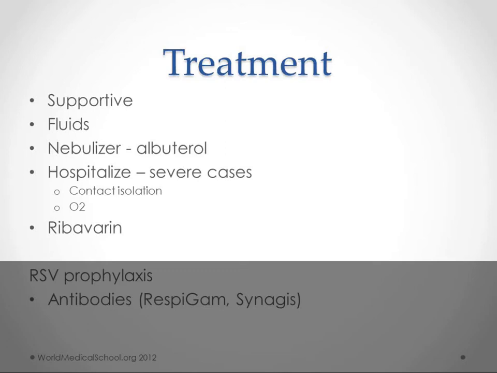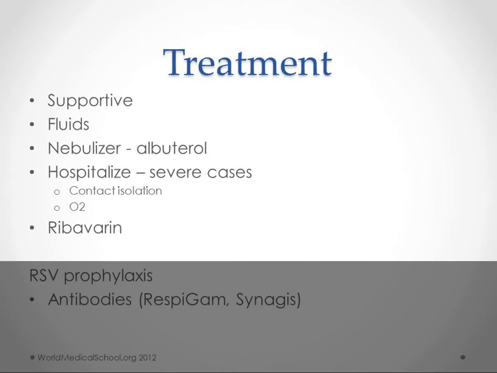Ribavirin is pretty widely contested as to whether or not it's an important thing to do. But we go back to the severity. If there is a severe condition and we do have a positive RSV test, then ribavirin can, in some circumstances, shorten the course of the disease.